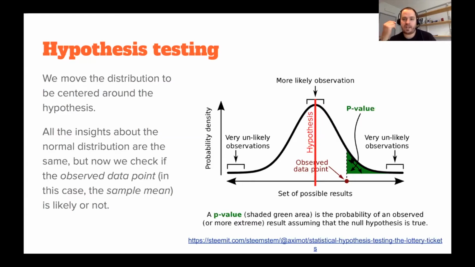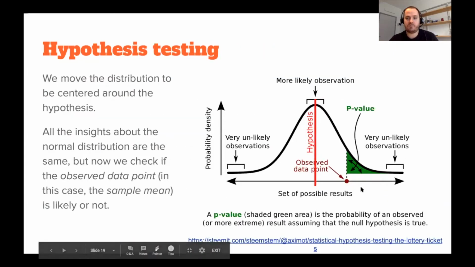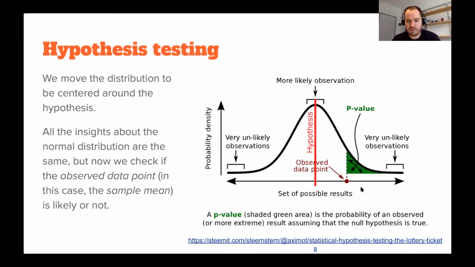But the idea is that you want to know the probability of what you observed, or something that's more extreme than that. Because if it's more extreme, if it's even less likely to happen than your observed data point, then that's where you define the probability that you're going to compare with the actual null hypothesis.